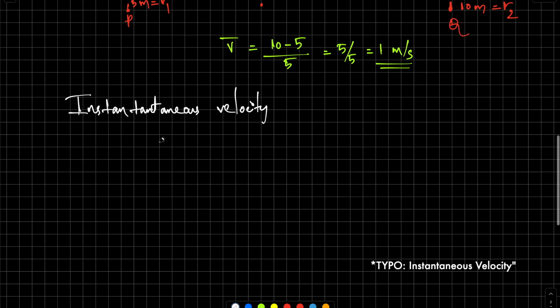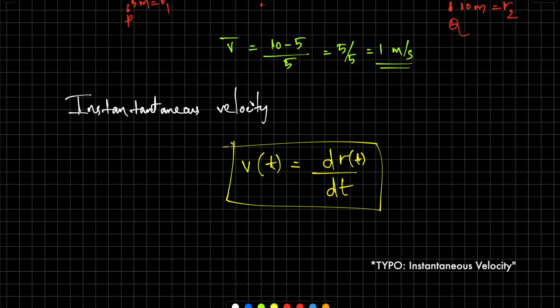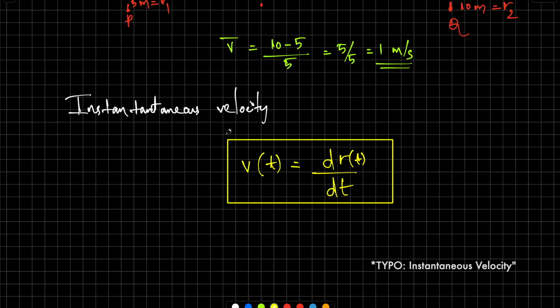You have an equation for that. Yeah, this is the equation. Velocity as a function of time is equal to d by dt of the position vector as a function of time. This d by dt is differential of position vector, d by dt of r of t.